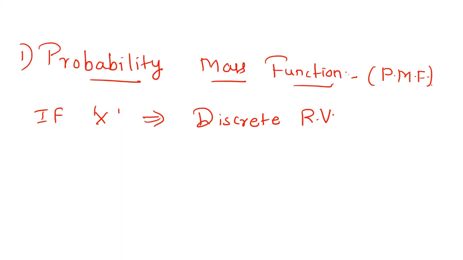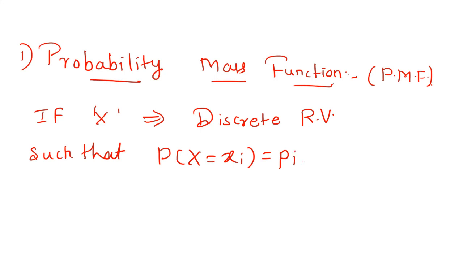So if x is a discrete random variable such that P of x is equal to xi is equal to pi, where x is taking various values like x1, x2, x3 till xn, then pi is called the probability mass function.